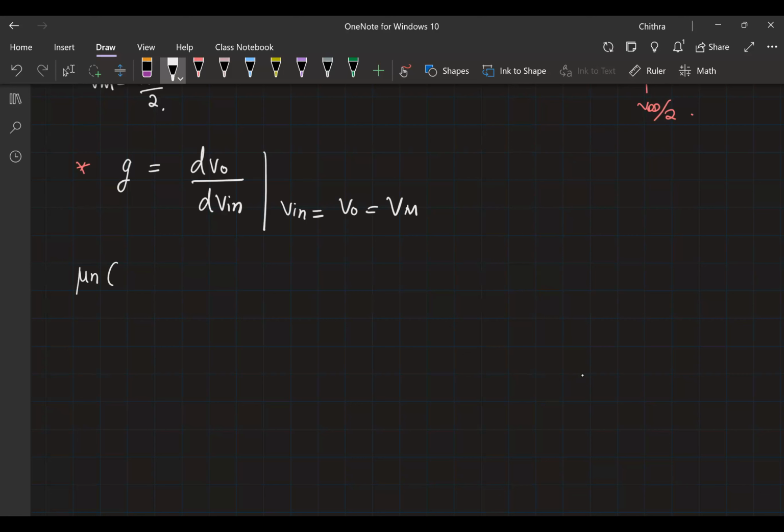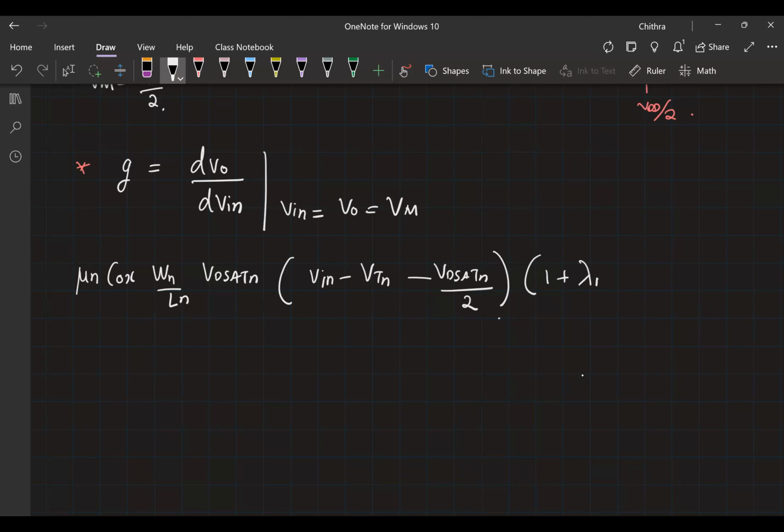So let me write the equation. Mu n COX Wn by Ln into Vd sat n, Vn minus Vtn minus Vd sat n by 2. So we are going to keep the value of lambda, 1 plus lambda n into V0. Why we need to put the value of lambda here, I'll tell you once I derive the final expression.